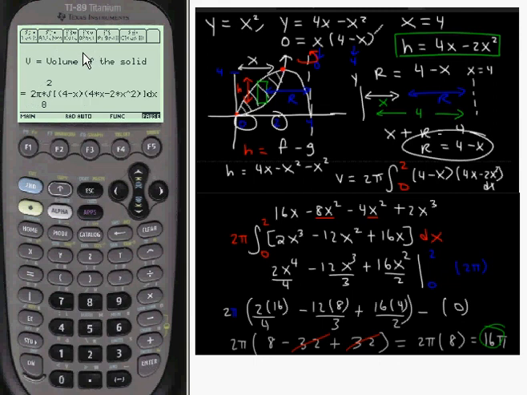Then we set up the integral, 2 pi integral from 0 to 2, 4 minus x times 4x minus 2x squared here. Here's the integral set up exactly like he has it. And then we add the 2 in here.